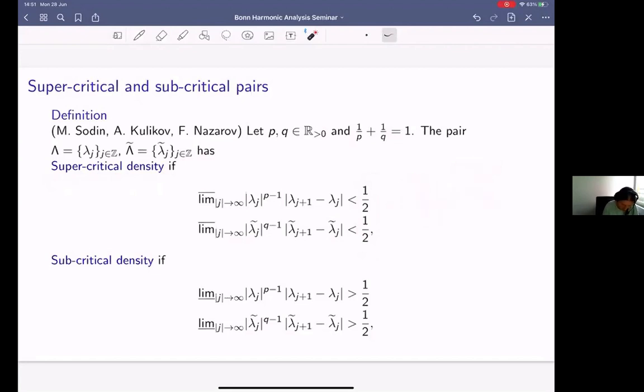And they say that this pair of sets has subcritical density if the following lower limit is bigger than 1/2, and it means that the density of the sets is too small.